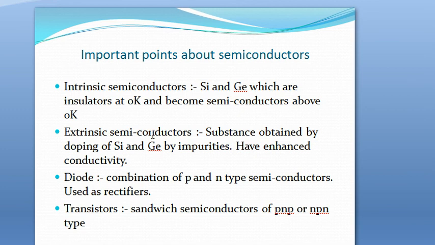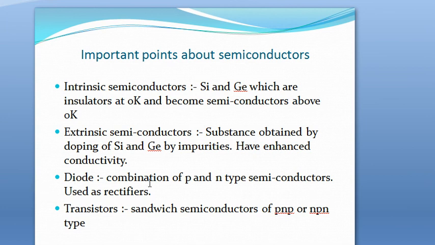Now an extrinsic semiconductor is a semiconductor in which you have done doping, silicon या germanium का ही होगा, but you have introduced impurities either from group 15 or from group 13. Because of that impurity, you enhance its conductivity, and it's called an extrinsic semiconductor.